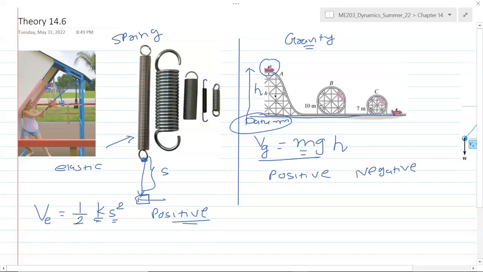For example, if we define the datum at this surface A, then the potential energy will be 0 because the roller coaster car is at the datum. Relative to that point, the potential energy of this coaster car will be negative. If this is my datum, then the coaster car is in the negative direction relative to the datum, and that's why the potential energy will be negative. So for this car, if the datum is here, potential energy is minus mgh.